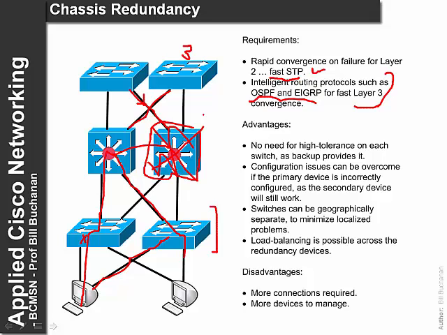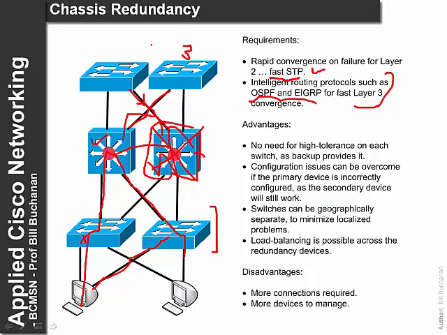The advantages are many. There's no need for high tolerance inside of each of the switches, as the backup will provide an alternative route. The configuration issues are overcome in that we can have a fairly similar configuration for each of our redundant switches.